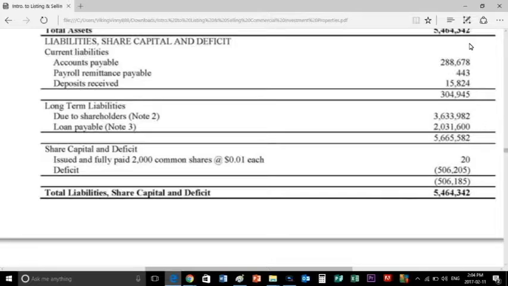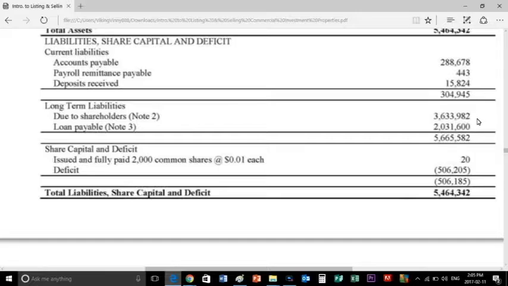So we've got the liabilities, the share capital and the deficit. The current liabilities, accounts payable, that comes out to $288,678. The payroll remittance payable, $443, and the deposits received, $15,824. So that all added together becomes $304,945.